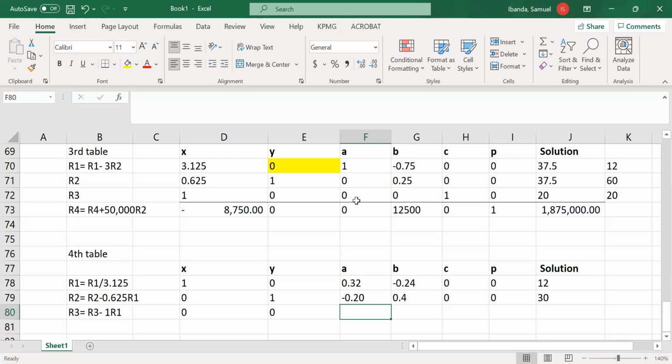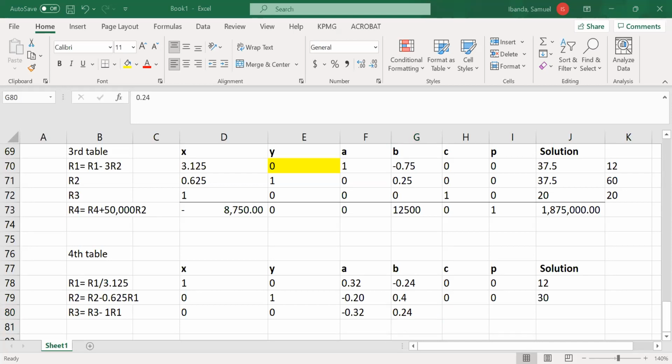So just get 0 minus 1 times 0.32, it will give you minus 0.32. When you press your calculator, that's what you should be able to get. Let's look at this. This is R3, which is 0, minus 1 times negative 0.24. So this will give you 0.24 as the answer.